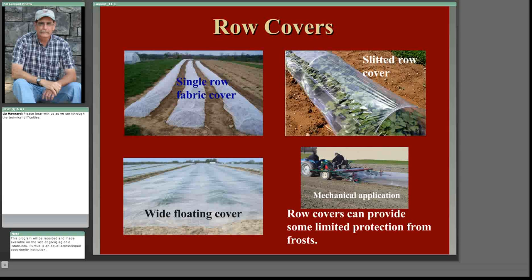And then you have the wide floating covers. Down in the other corner, you can see mechanical application. Row covers can provide limited protection from frost, and with the mechanical for single row covers, you can put the wire hoops down and put the cover over top of them mechanically.